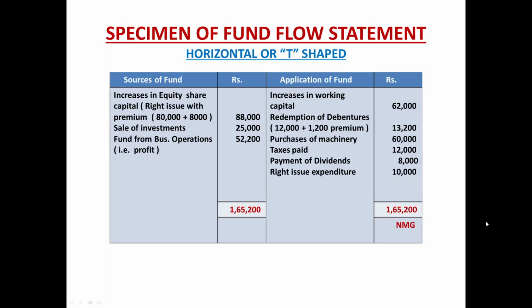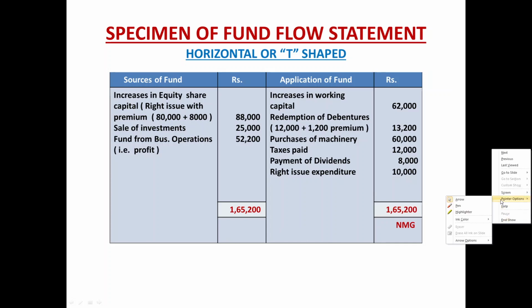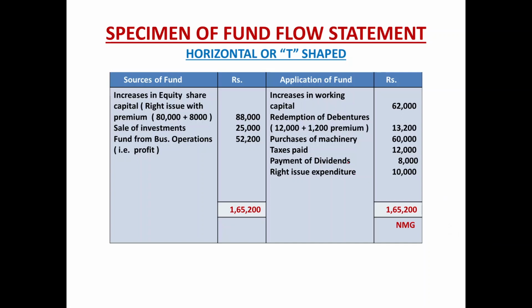The very first item of the fund flow statement that we are going to report is on the application side. Very first item, rupees 62,000.